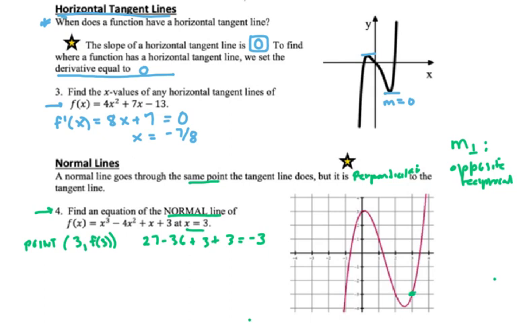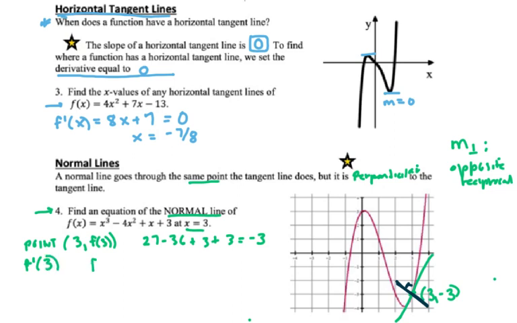Here's where it is. And that's what the tangent line would look like. Now, because we want the normal line, it's going to go through that same point, but it's going to be perpendicular. That is a little skewed looking, but anyway. Okay, so we need to find the slope of the tangent line. So the slope of the tangent line is just f prime of 3.